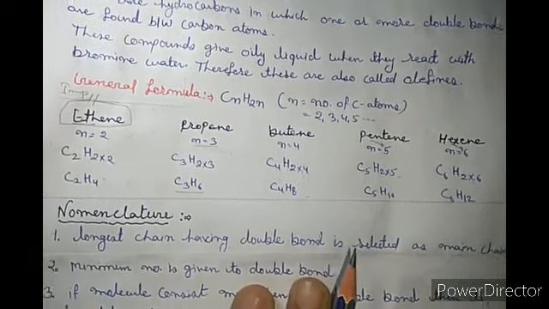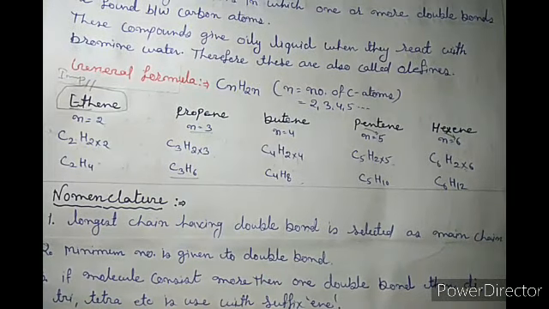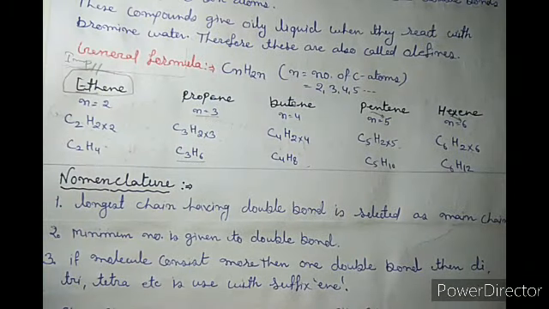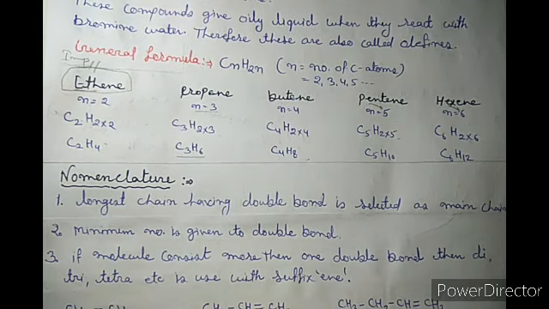If we consider the first members of this series, the first member is ethene. For eth, the value of n is 2, so it becomes C2H2 into 2, that is C2H4.